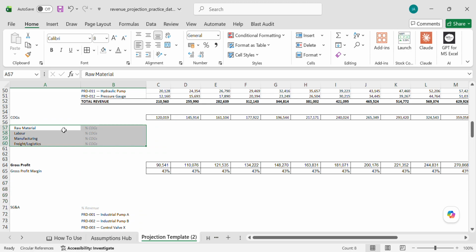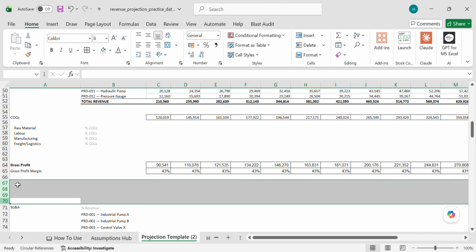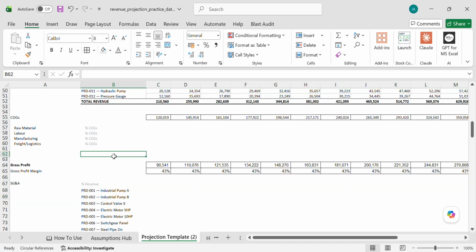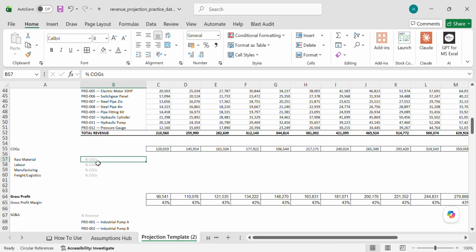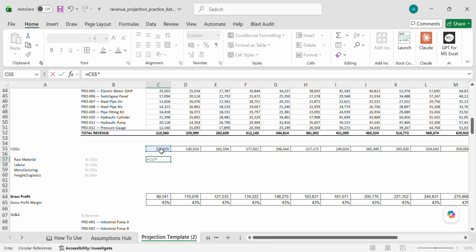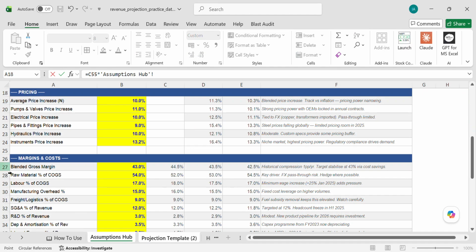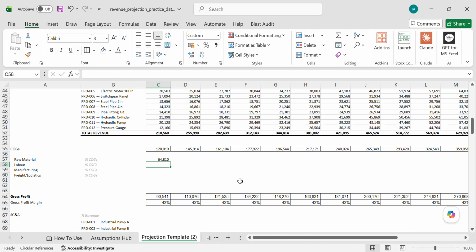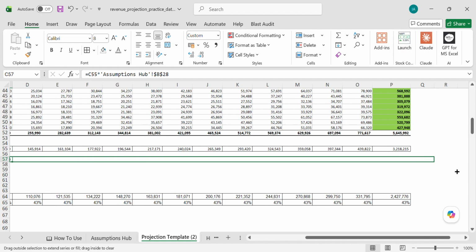Let's bring them here, right? So this one is percentage of costs. What percentage is it for raw material? We are doing this. It's 54%. Did you get it? We are driving across.